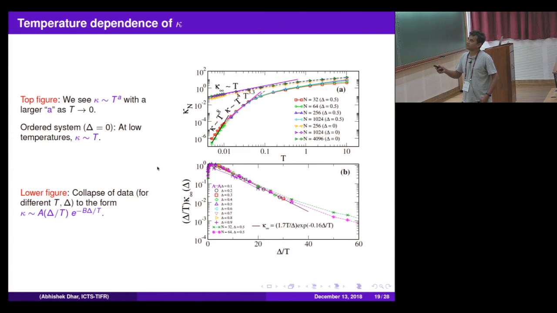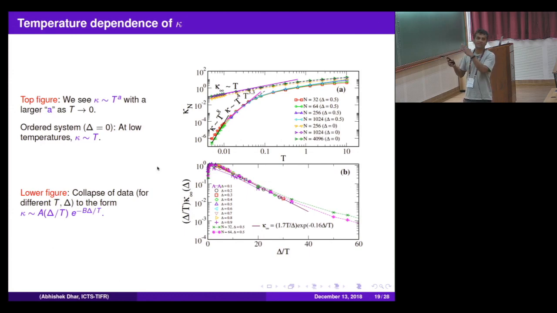The earlier simulation result had stopped at some temperature like this, and there you get T to the power 4. You go down lower, you see T to the power 8, and then of course it becomes really hard to go down further. But it's clear that it agrees with the prediction that the conductivity vanishes faster than any polynomial power of temperature.